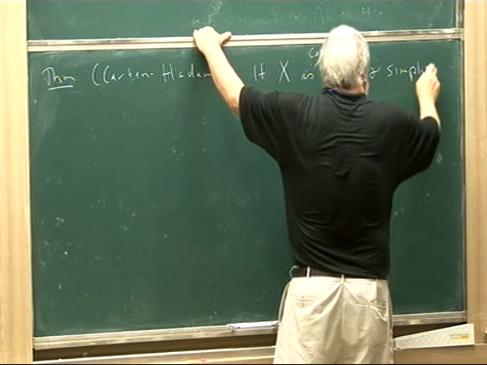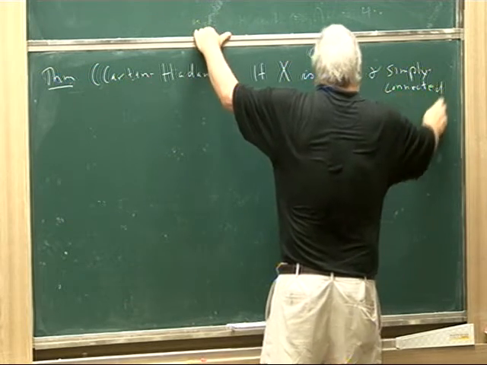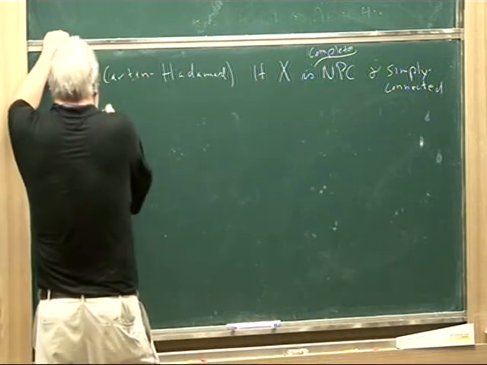So non-positively curved means it's locally CAT(0), that implies it's globally CAT(0).